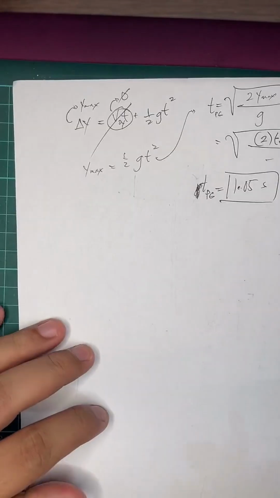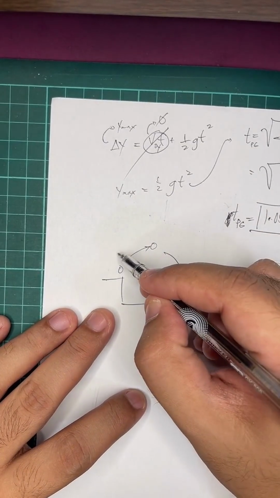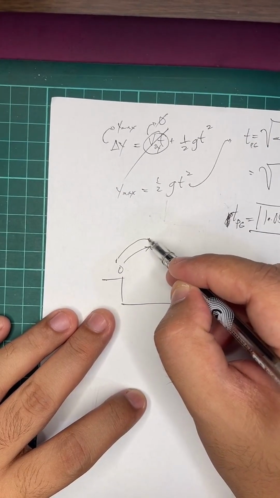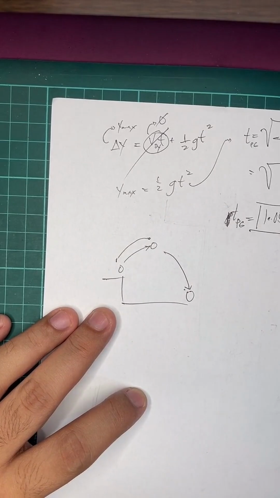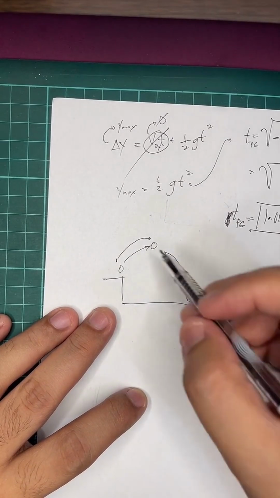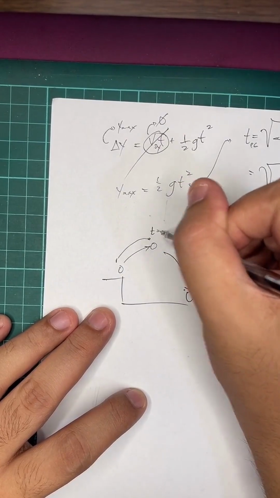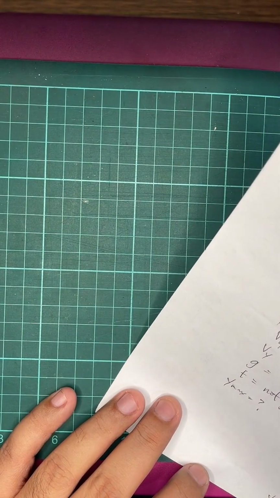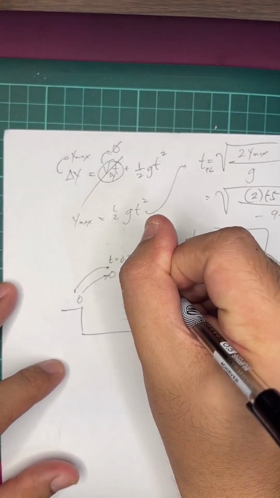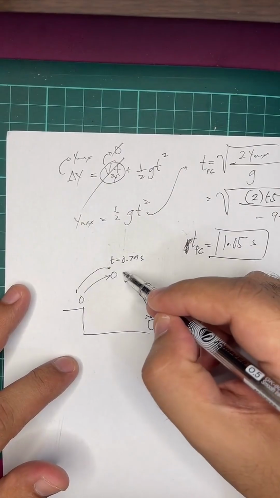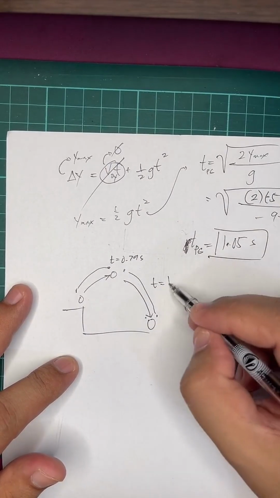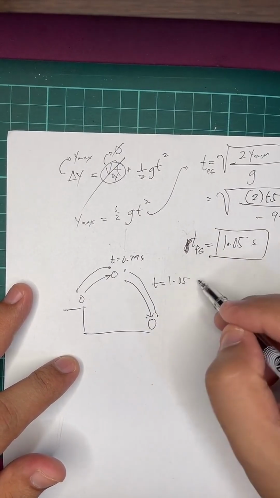Let me rewrite. We already know that the time from the launch point going to the peak would be equal to 0.79 seconds. And then, from the peak going to the ground, we have time equal to 1.05 seconds.